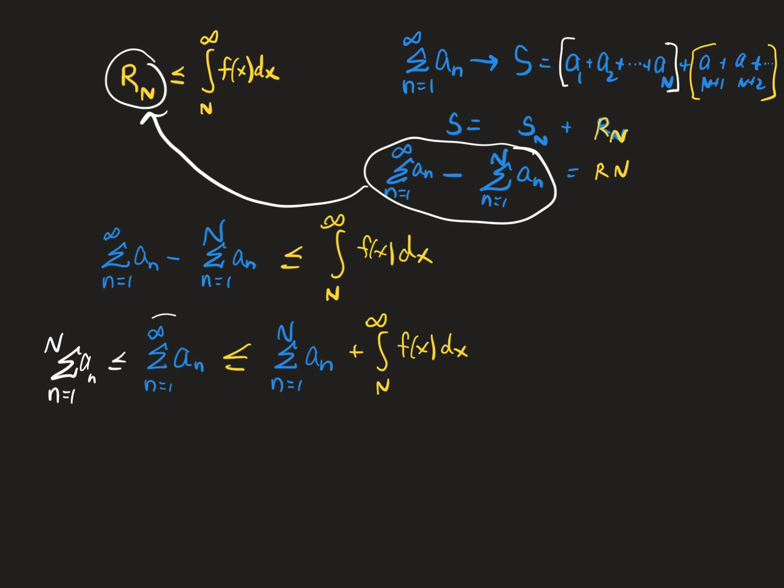So this, the infinite series, that's really the part of this problem that's in question, we know is going to be always between the capital Nth partial sum, and the capital Nth partial sum plus the definite integral from capital N to infinity.